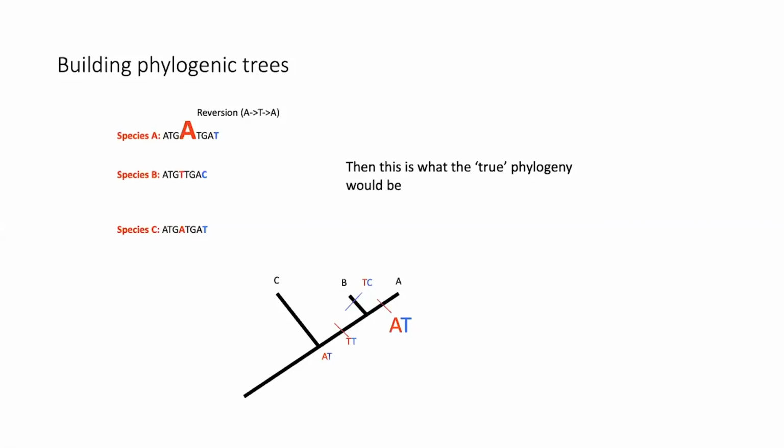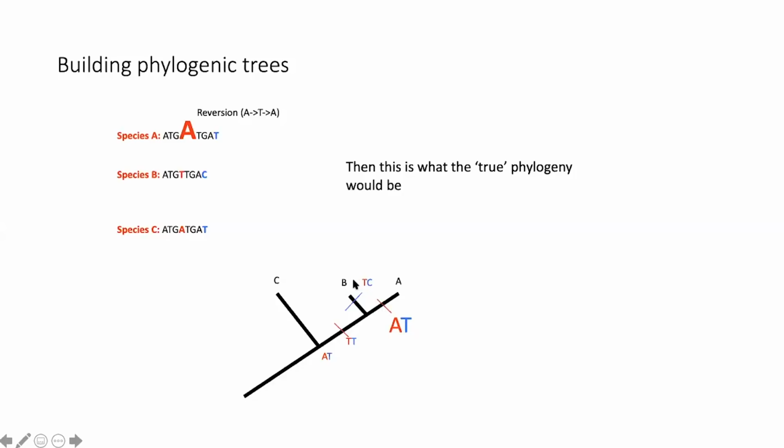So let's start over. We have this ancestral state, A and a T. We have the evolution from A to a T here. And then further out in the phylogeny, we have a reversion of that T back to an A.